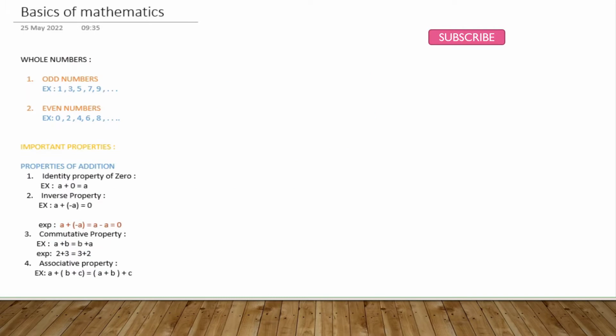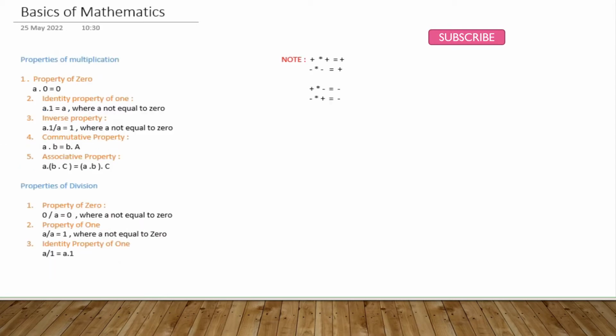In the second class, I explained important properties: properties of addition, properties of multiplication, properties of division. An important note, this is very important, so please keep it in mind. Now onwards I am going to explain the next topic in basics.